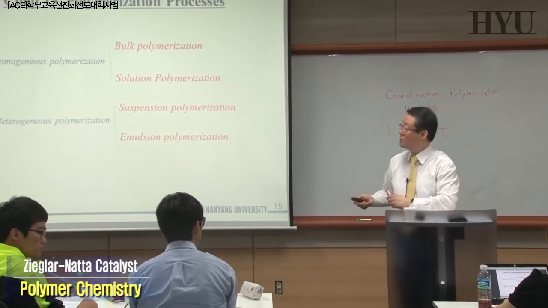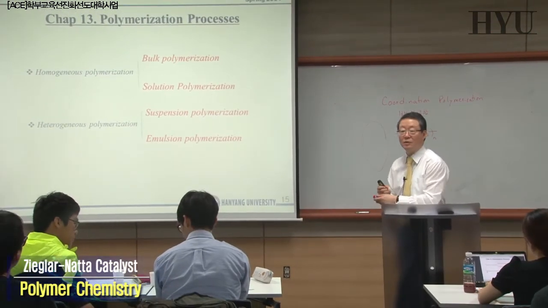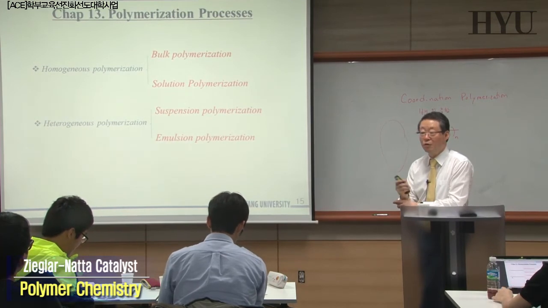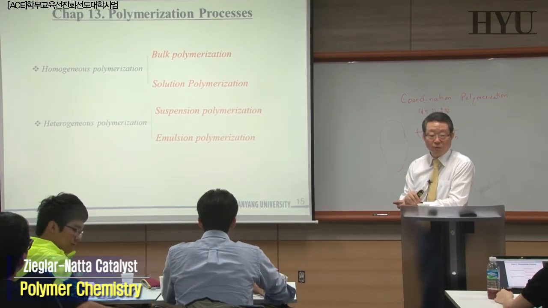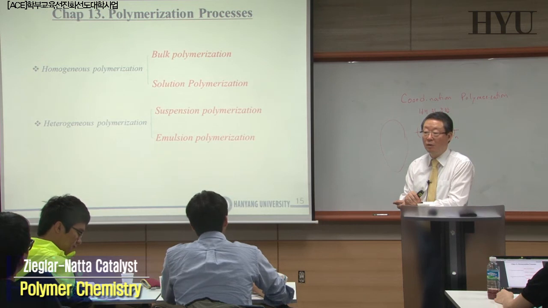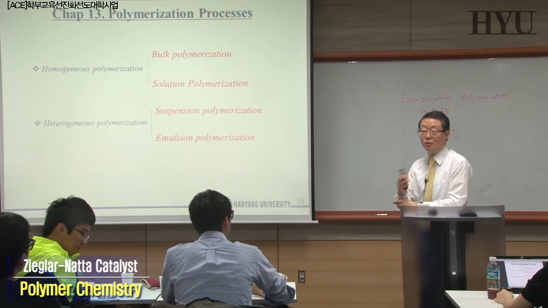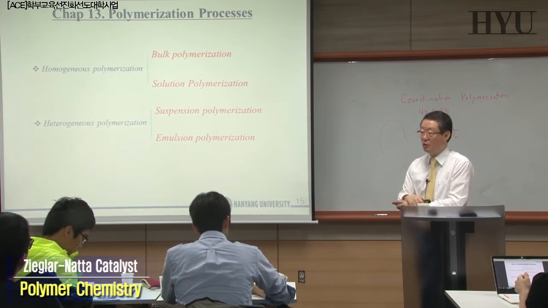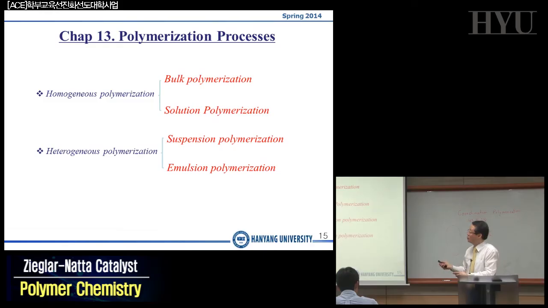So, bulk polymerization system contains only monomer and initiator. Monomer could be in the liquid form, of course, and the initiator, so that you can increase the temperature and the reaction proceeds with only the monomer and initiators. Now, usually the polymerization system is regarded as an exothermic reaction, so you induce a lot of heat from your reaction systems.